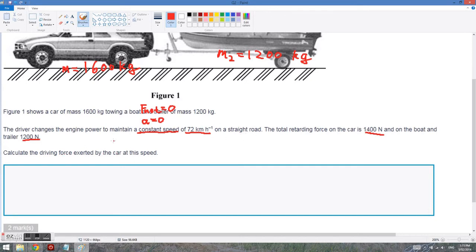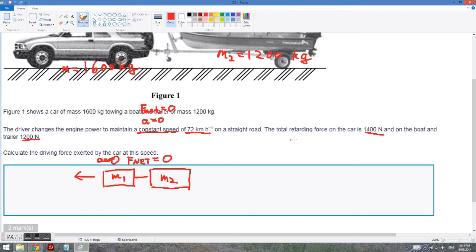So let's draw a diagram. Mass 1, which is your car, connected to mass 2, your trailer, is moving at a constant speed. So the acceleration is 0. The net force is 0.